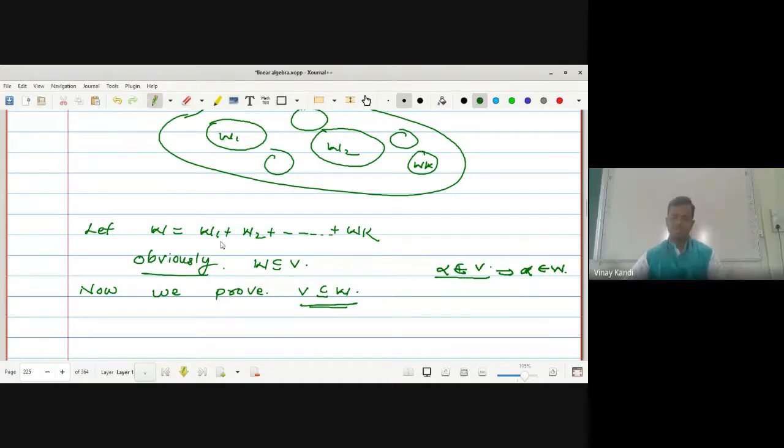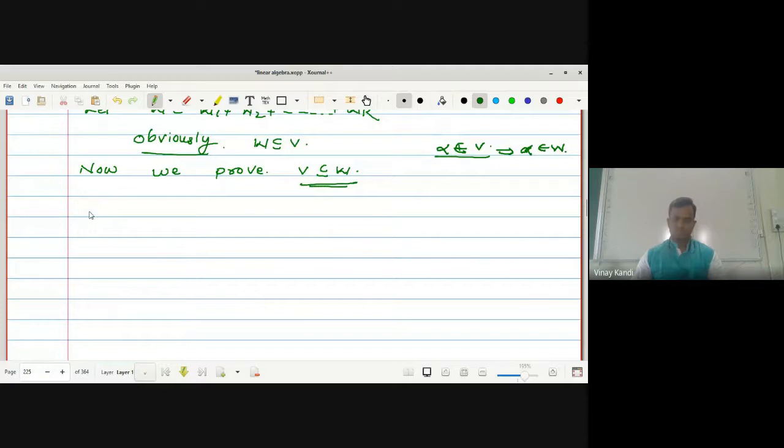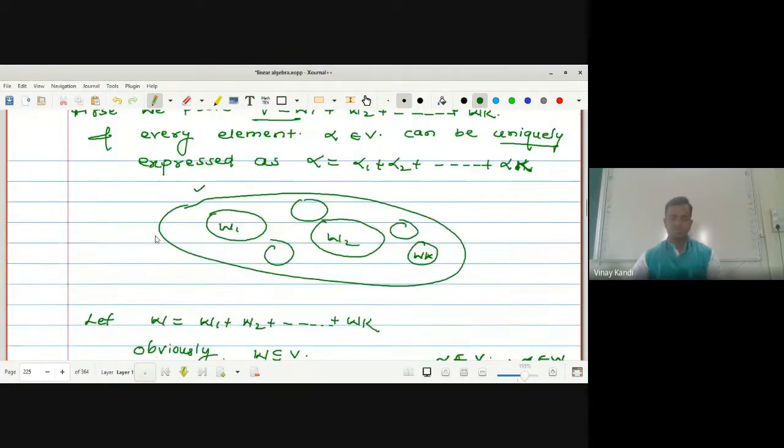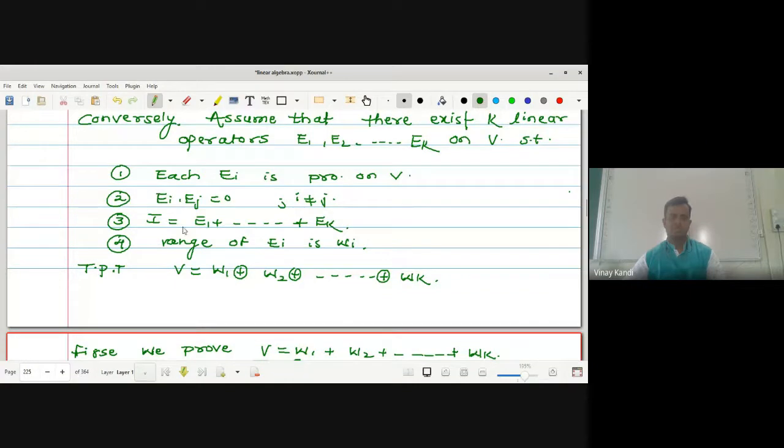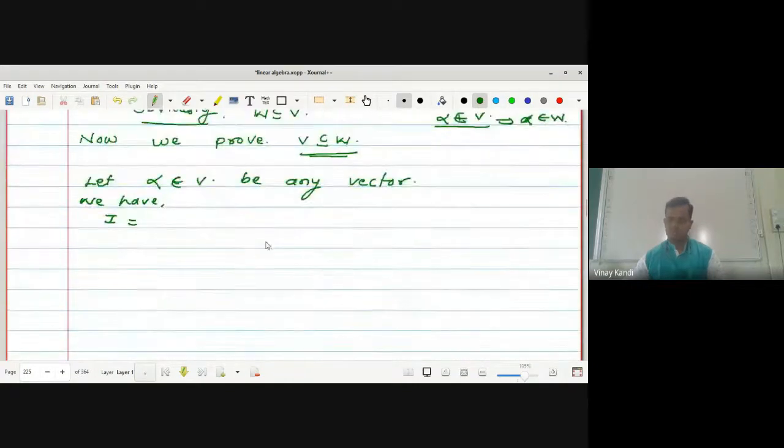So take any vector alpha belonging to V. Let this alpha belong to V, be any vector. What is the third condition? Look here: I is equal to E1 plus E2 plus up to so on EK.